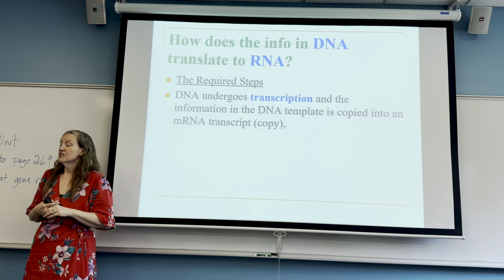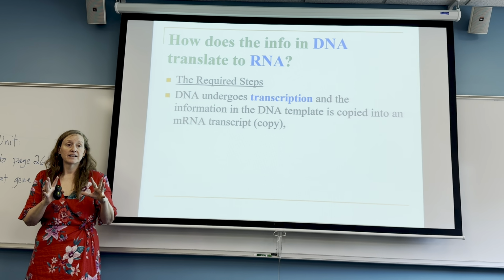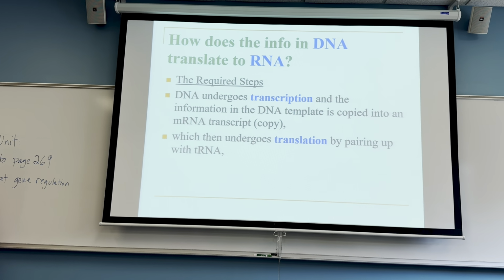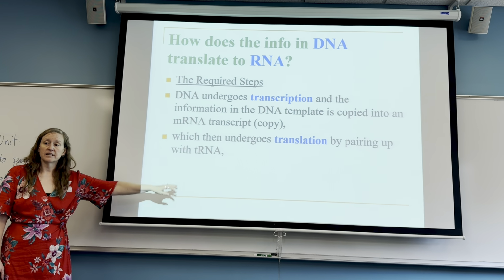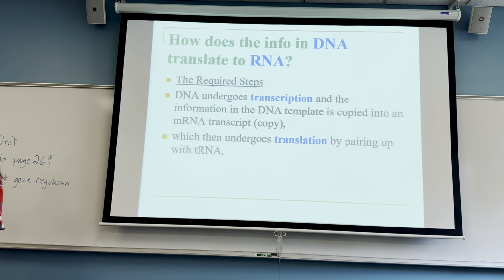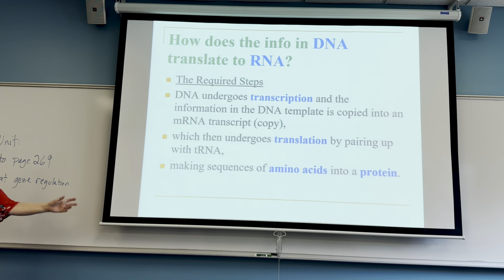The message of the DNA gets transcribed, or copied, into mRNA. Our next step is translation. The tRNA pairs up with the mRNA to undergo translation of that message, and it makes our final product, an amino acid sequence that makes up a protein.